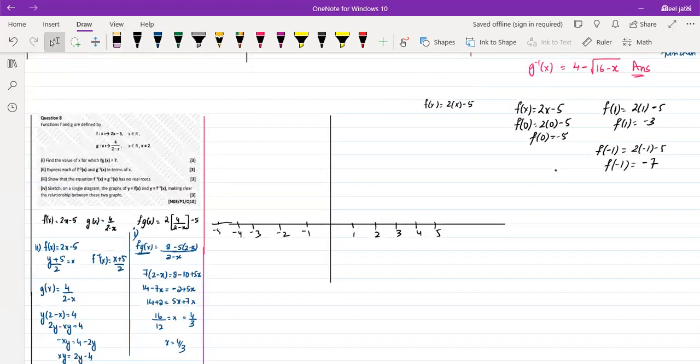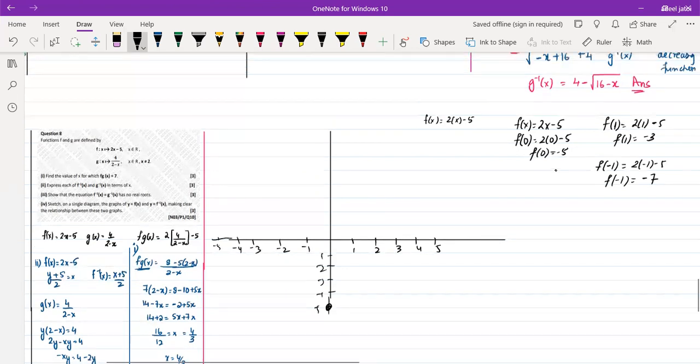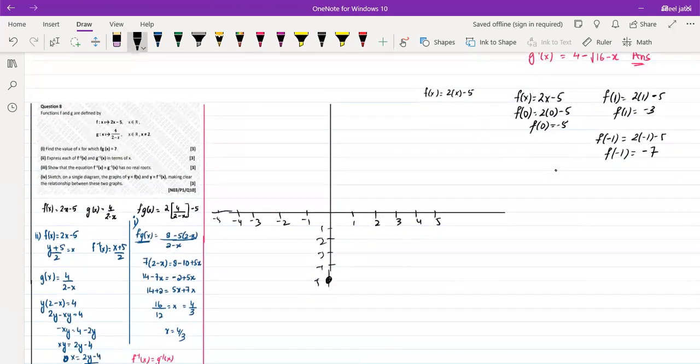So we have 0 and minus 5, 1 and minus 3, and minus 1 and minus 7.